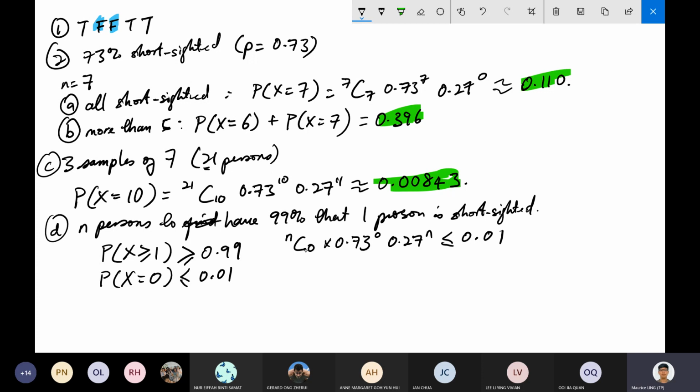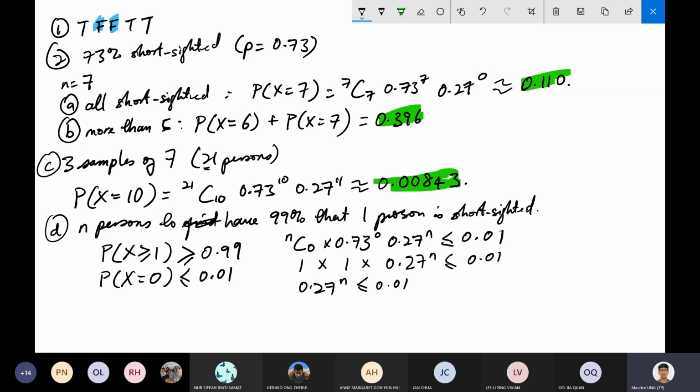Okay, any combination of 0 is always 1. So this is 1 times any number to the power of 0 is also 1. So you end up with just this 0.27 to the power of n.